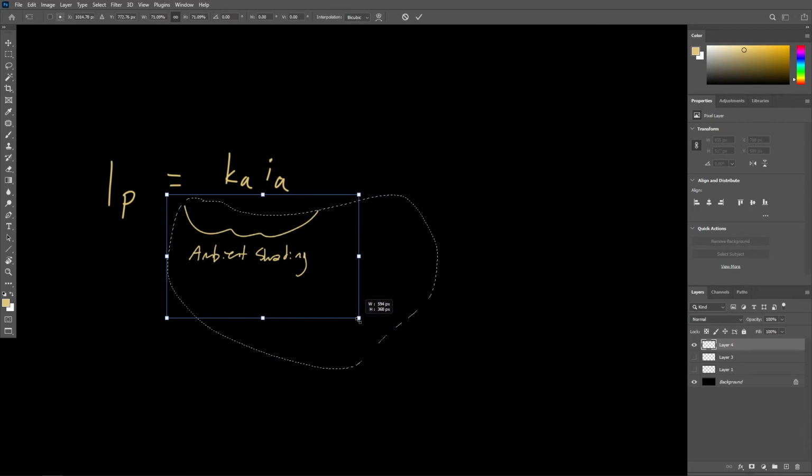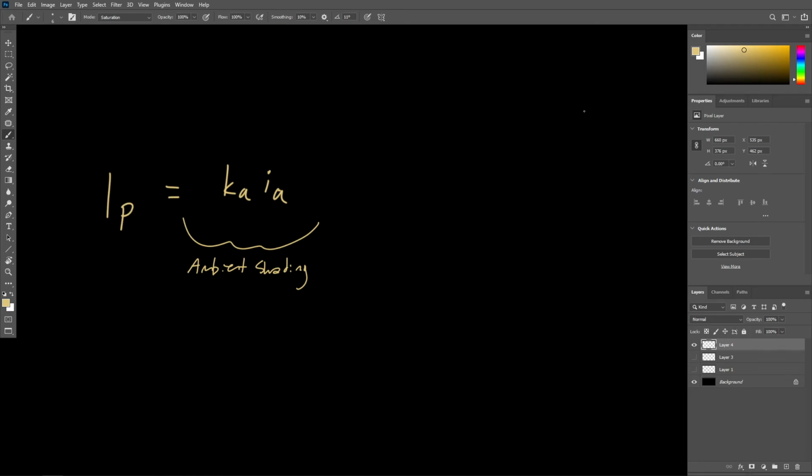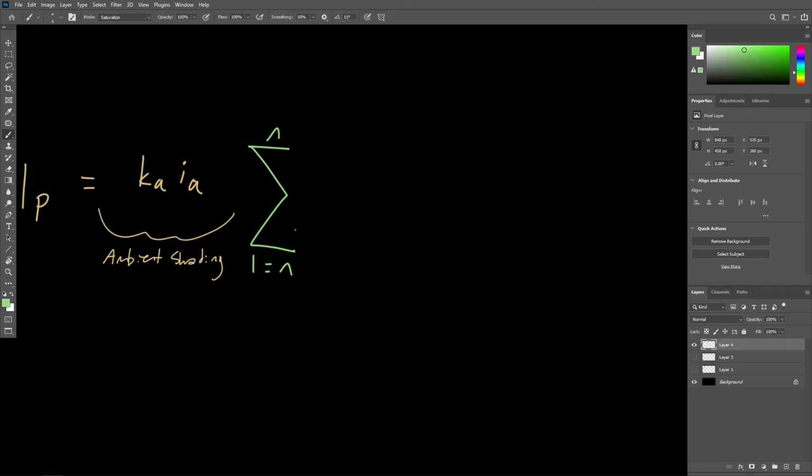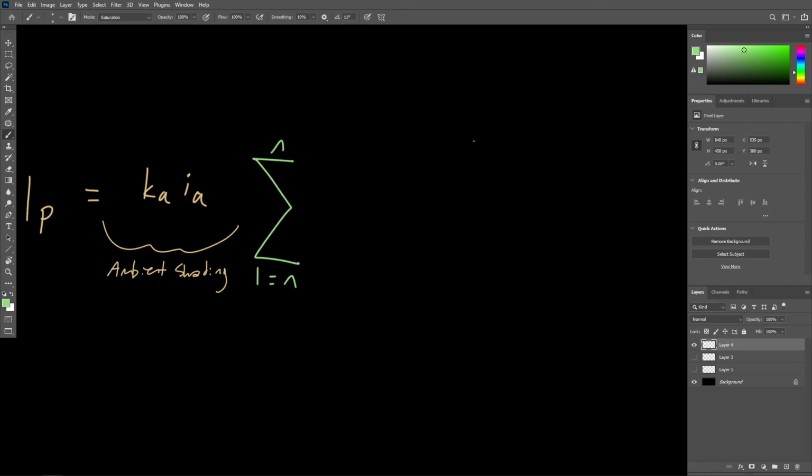I'll just make that a bit smaller. And then we need to bring in the diffuse and specular shading. So we are going to do a summation here for all the lights in the scene, because we could have more than one light. But the rest of this will just be direct substitutions from the formulas we just looked at. All this summation means is that we're just doing this for every possible light source that we find in the scene.